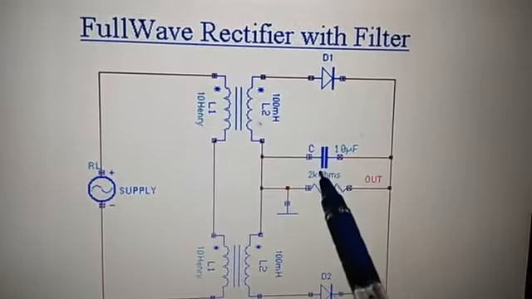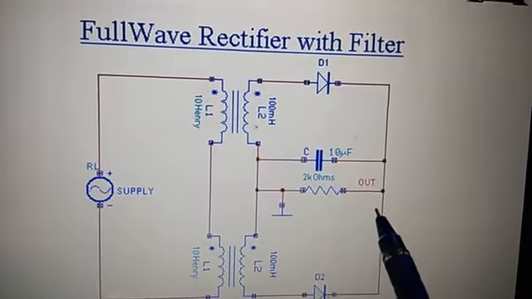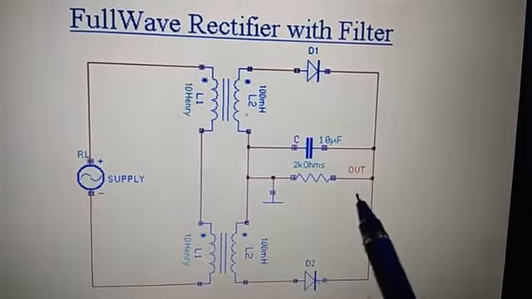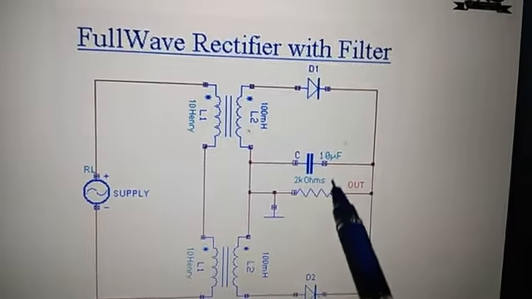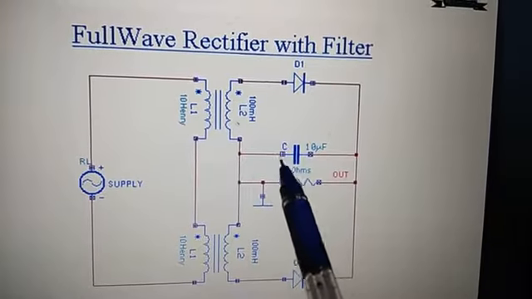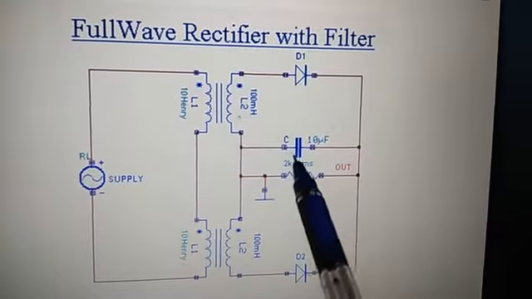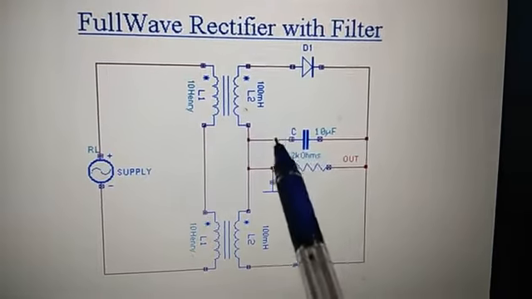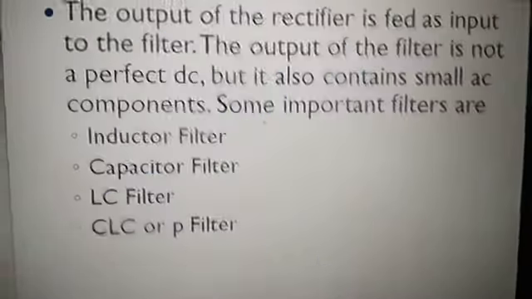This capacitor will act as a filter so that whatever AC components are available across this load will be removed by this capacitor, and you will get a very improved version of the output, towards the DC output, the average value of the DC output.